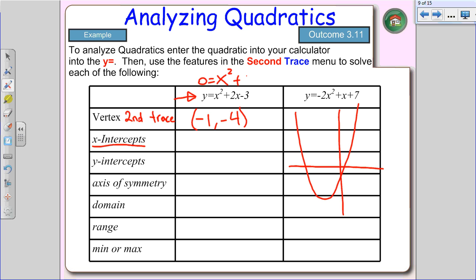We could factor that really quickly, and we could find the solution. Or we could use the quadratic formula very quickly and find the solution. And what you would find is that your x-intercepts are at 2, 0, and 1, 0.